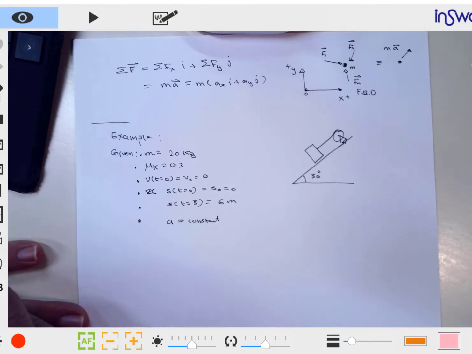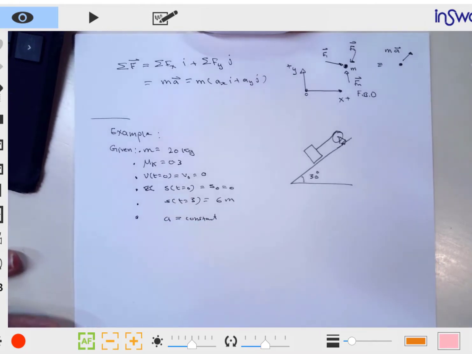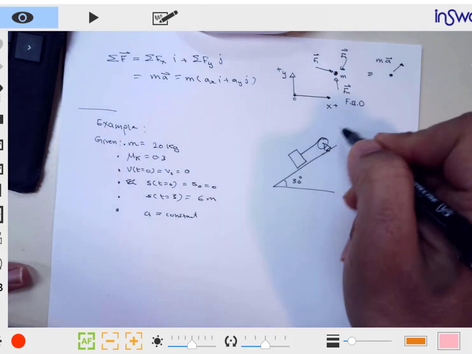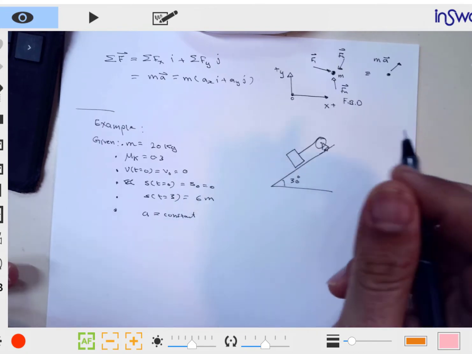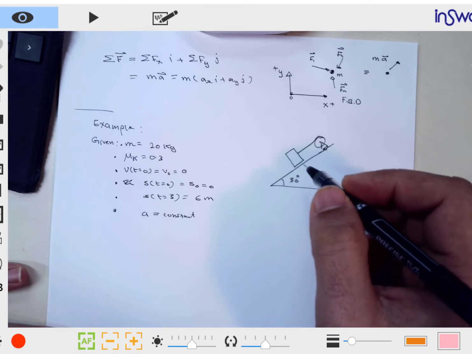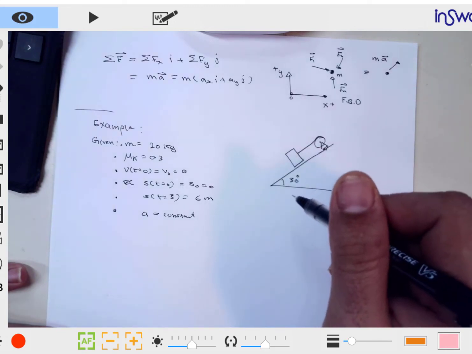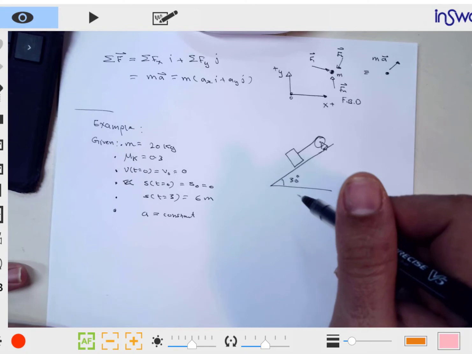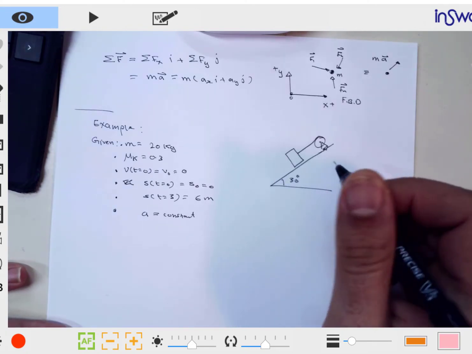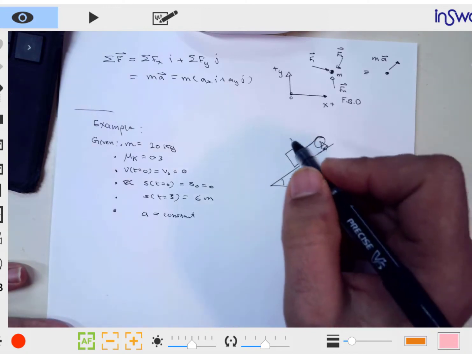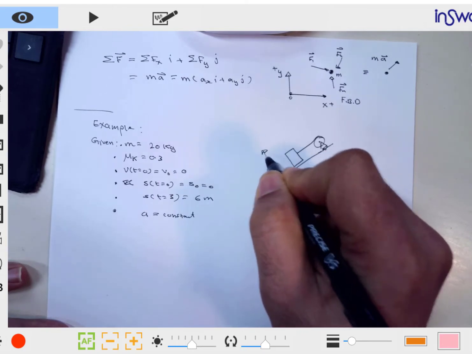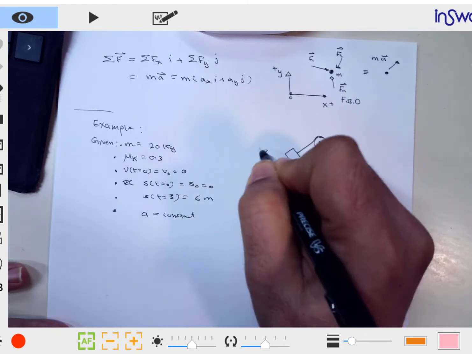Which acceleration? We have to decide: it is the acceleration along the inclined surface. So it's a good time now to choose a coordinate system. A coordinate system or reference frame should be chosen in such a way to ease the decomposition of the forces, and for inclined surfaces it is always good to use a rotated coordinate system.